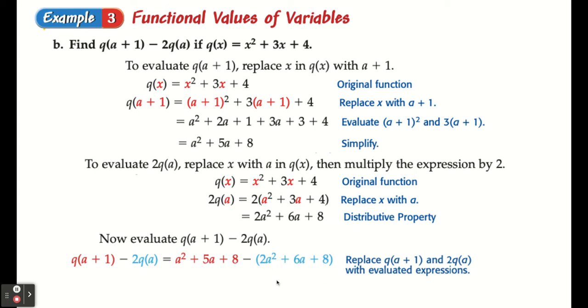Notice how I put the parentheses there. Then I can distribute the negative into the second parentheses, and combine like terms again. So 1a squared minus 2a squared is negative 1a squared. Positive 5a minus 6a is negative 1a. And positive 8 minus 8 is 0. So it leaves me with just negative a squared minus a.